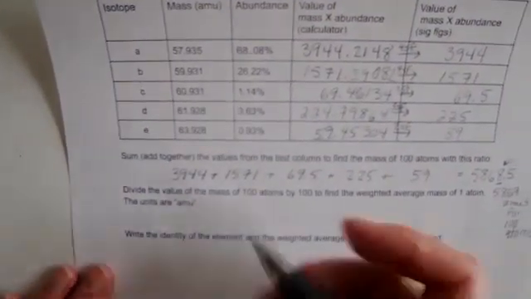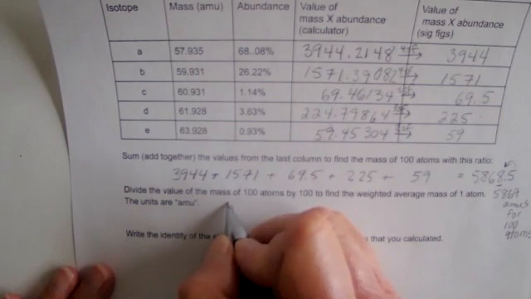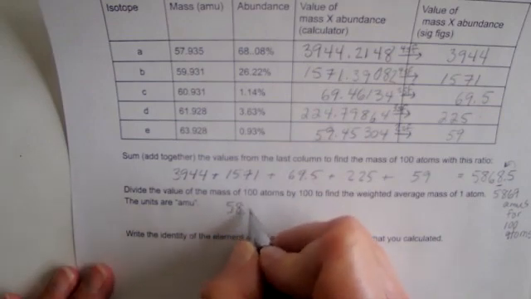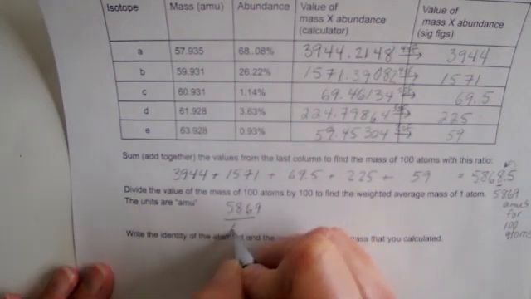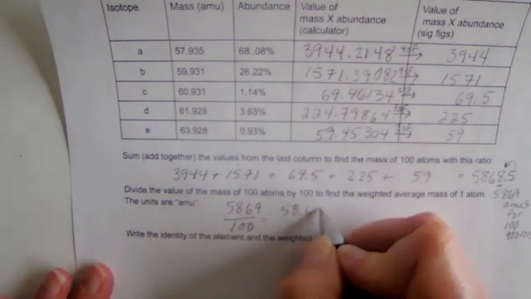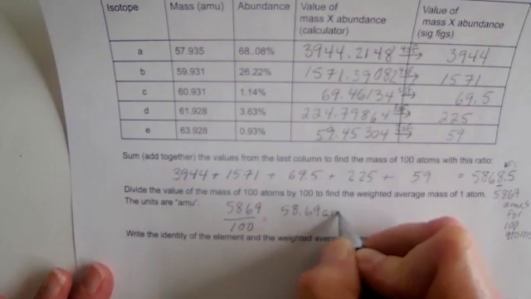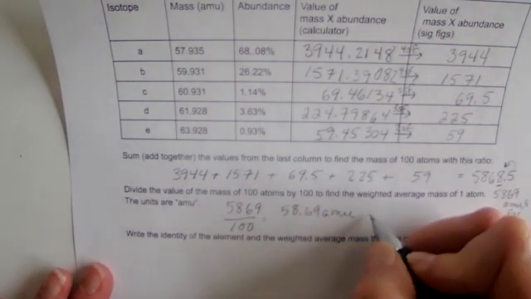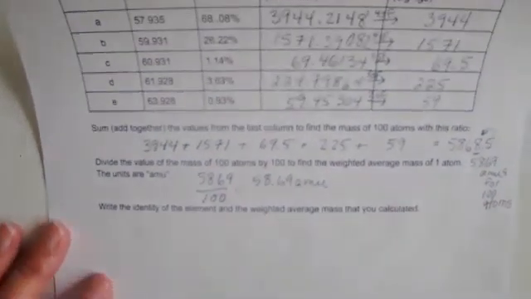Now we are going to divide that by 100. So we'll take our 5,869 divided by 100 equals 58.69 AMUs for one atom. Okay.